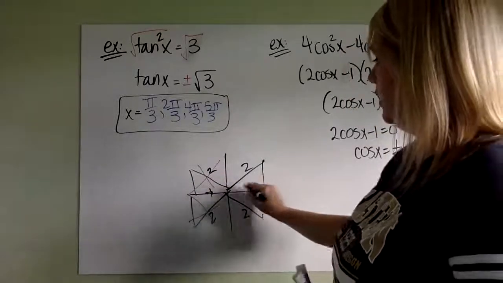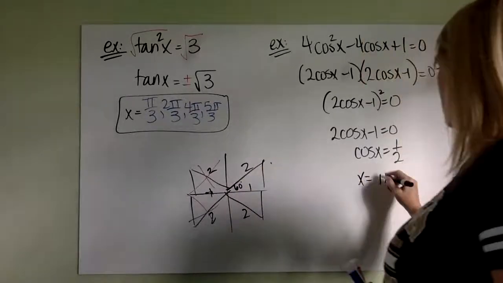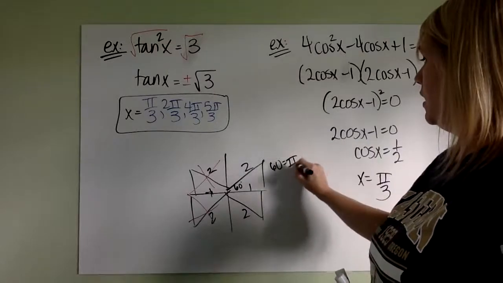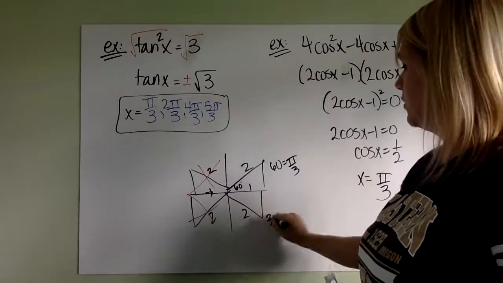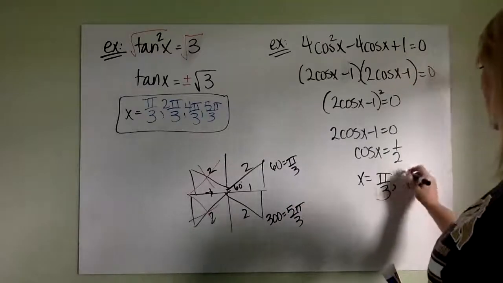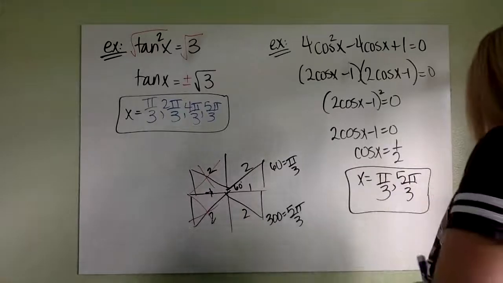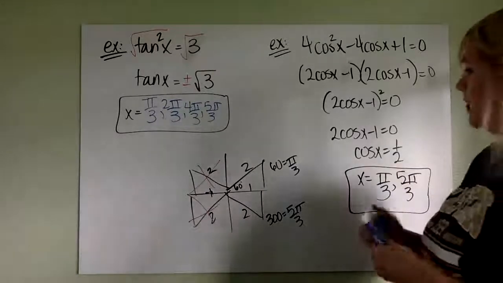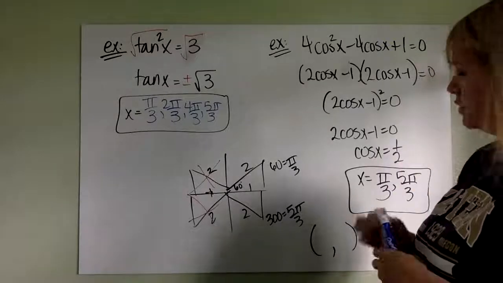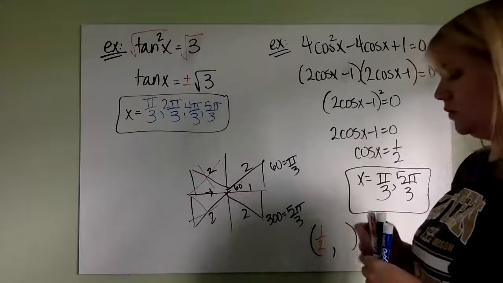This angle right here is a 60-degree angle, so pi over 3. And then we talked about this one already. This is 300 degrees, which is 5 pi over 3. Again, if you were using your unit circle, you'd be looking for where the cosine, which is your x coordinate, is 1/2.